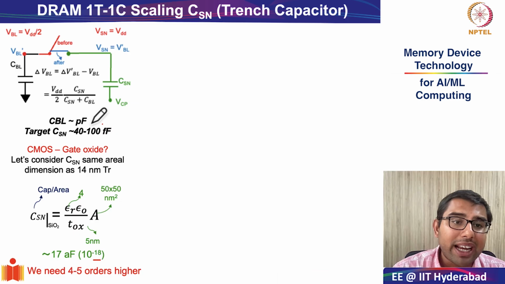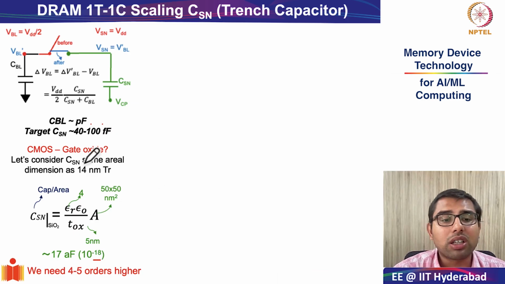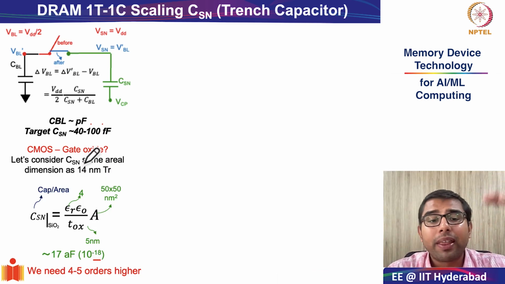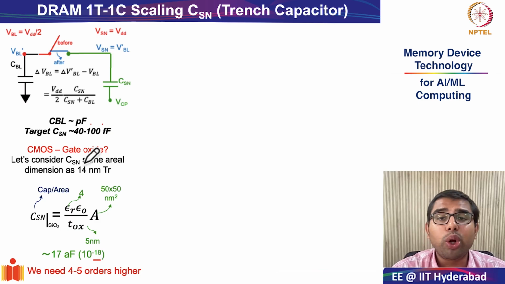What we get just from CMOS gate oxide is 10 to the power of minus 18. So there is a big gap, around 4 to 5 orders of magnitude, between what a CMOS process can offer as a gate oxide and what we really need in your DRAM capacitor.